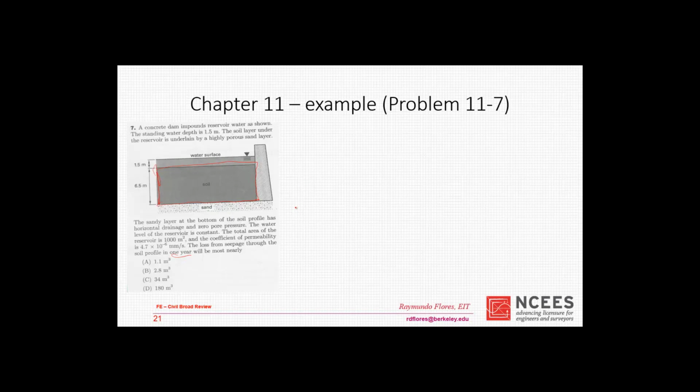So let's go back to our Darcy equation. In this case, you have dH over dx. If we talk about the flow in terms of what they gave us, then we're really talking about this per second, whatever they gave us. Because this is happening per second, we're going to have to multiply everything by a very large number.